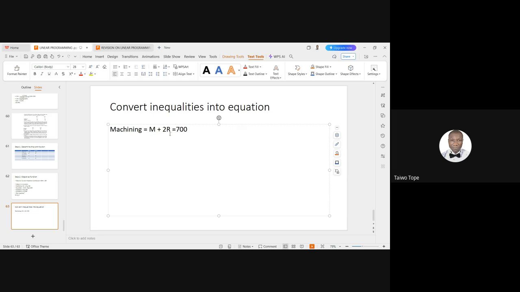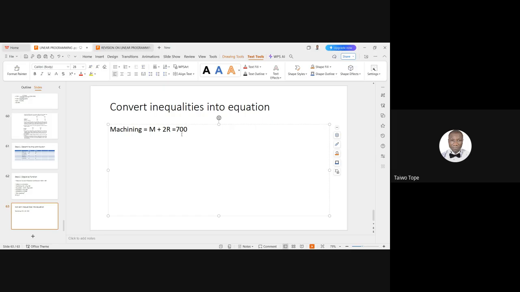For equation 1, we need to determine the values of M and R so that when we go to our graph, we'll be able to plot each of these points on the graph.